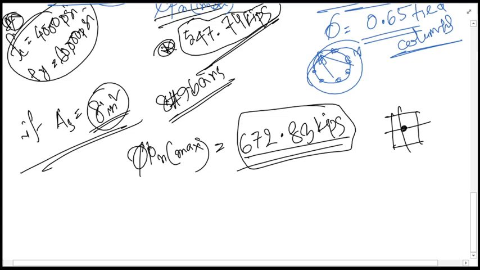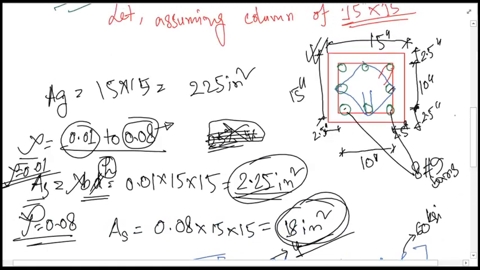If it is an eccentric column and there is an eccentricity due to moments, then the capacity will be reduced, and the reduced capacity we will be calculating using the reciprocal method. So for the initial trial, we'll be using these 8 bars within a 15 inch by 15 inch column.